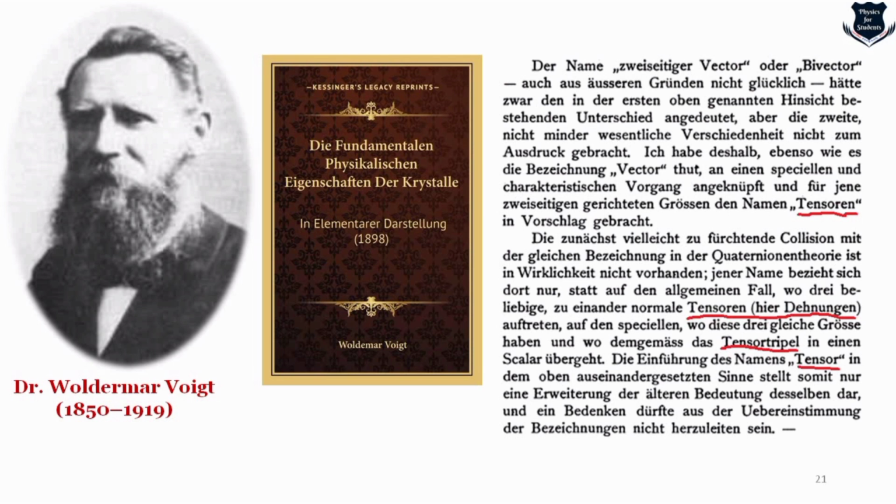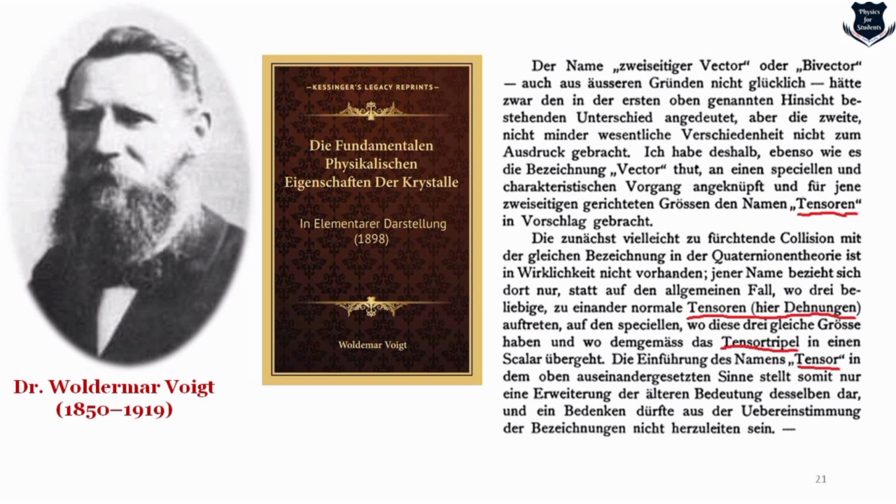Let me read out the important part, which I have translated from German. I have therefore linked it to a special and characteristic process, just as the term vector does, and suggested the name tensors for those two-sided directed quantities. The collision with the same designation in quaternion theory, which perhaps is to be feared at first, does not actually exist.